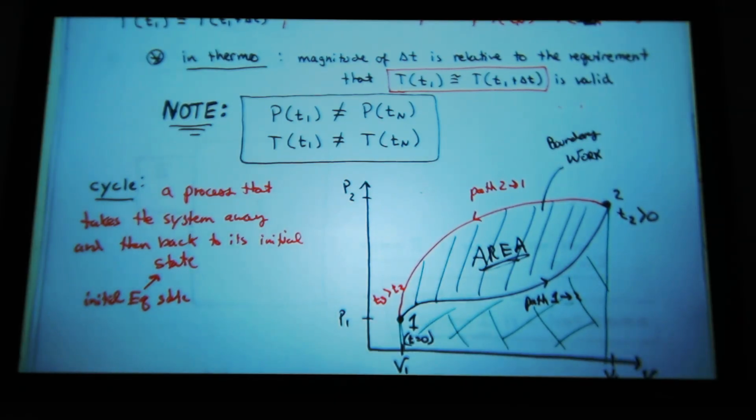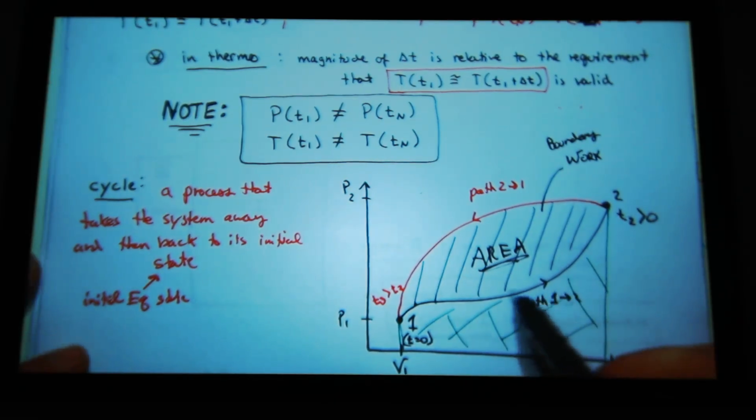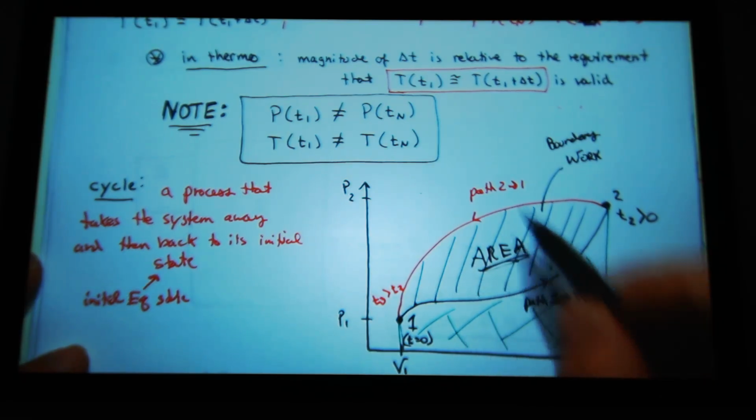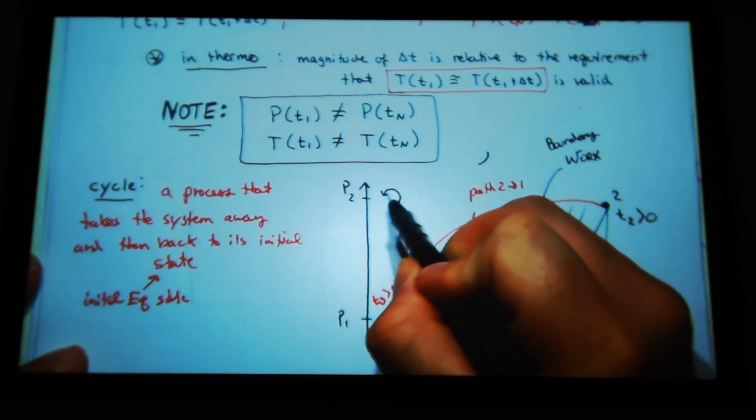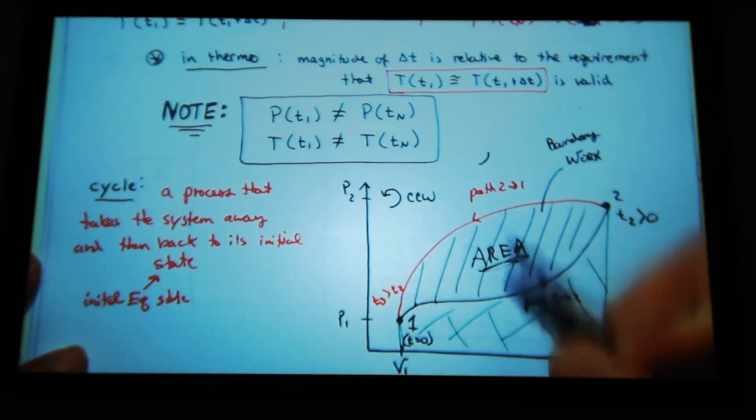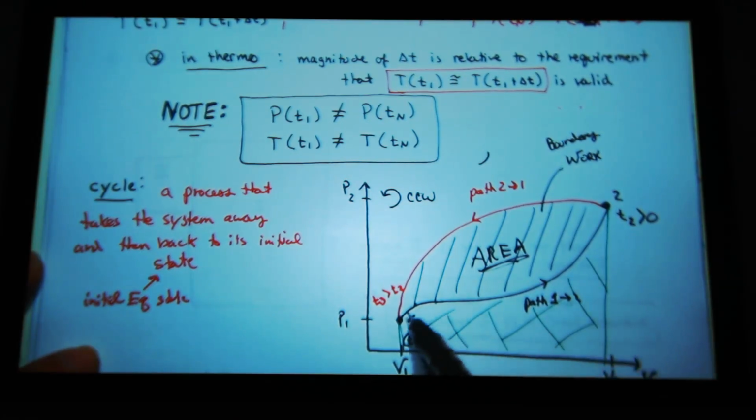Now there's a nice sign convention that I like to use, and if you look here, I'll do it here, counterclockwise. Now I use the clock analogy. So if I have my clock on the wall and I put my finger in front of the seconds hand, it moves my finger.